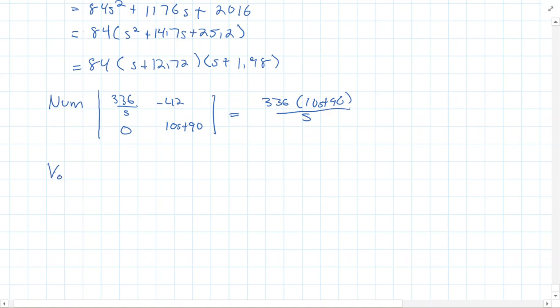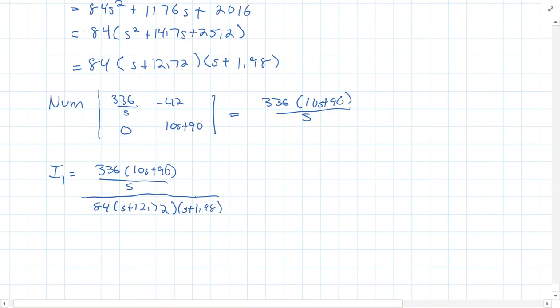Well, what do we have here? Not V out, we're looking at I1. I1 is equal to 336 times 10s plus 90, divided by s, whole thing divided by 84 times s plus 12.72 times s plus 1.98. But wait a minute, I can rewrite this.